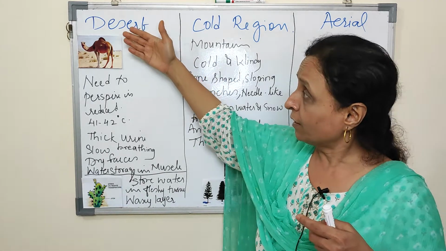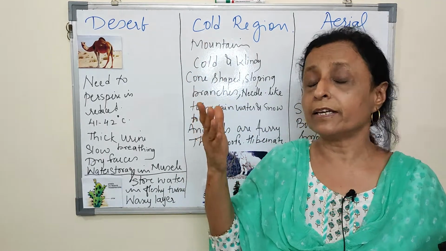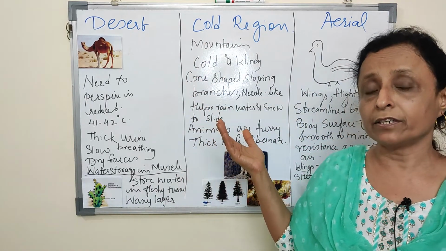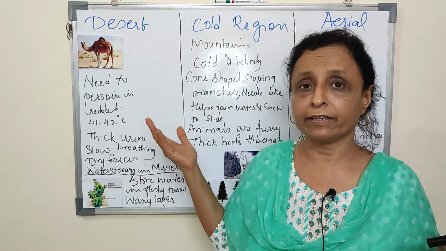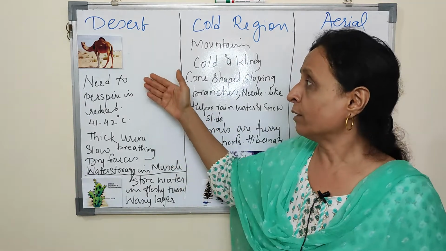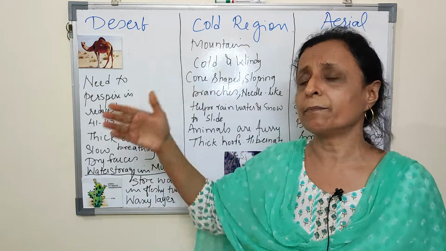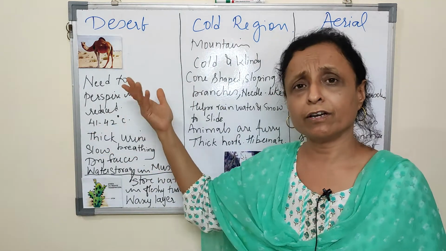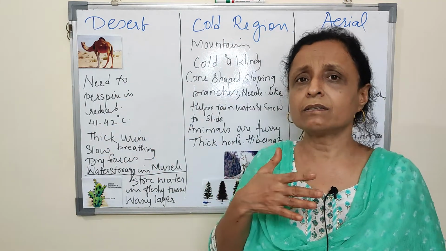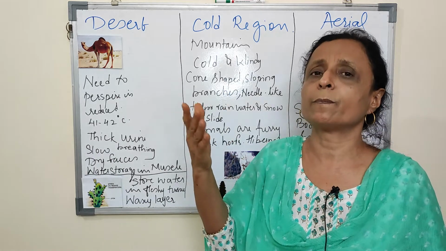And the desert has got very high temperature. It can go to 45 degrees or more. So the camel will also increase its temperature, maybe to 41 to 42, so it does not feel the need to perspire.